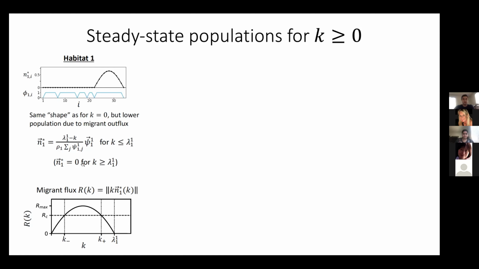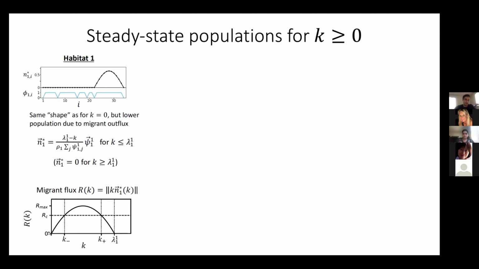Now, considering that these organisms are going to migrate from habitat 1 to habitat 2, we can look at the total number of organisms that are migrating. That's quantified by the migrant flux R. Here on the x-axis, we have migration rate, and on the y-axis, we have this migrant flux, which is essentially the number of organisms that are migrating.